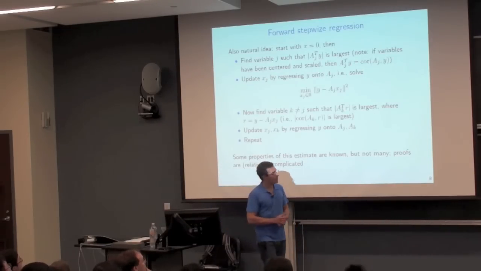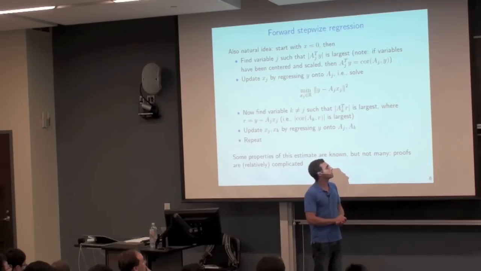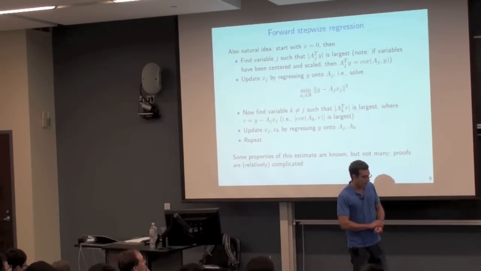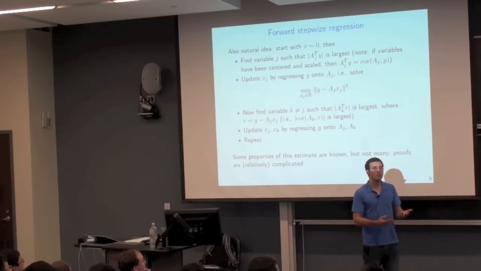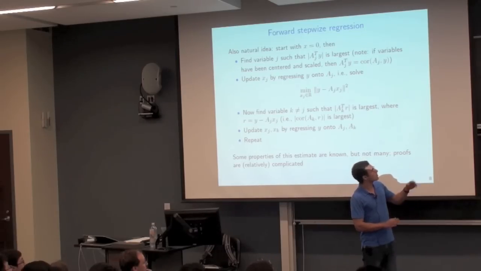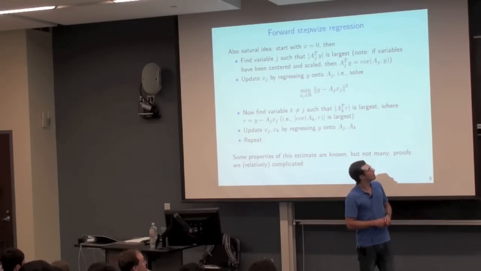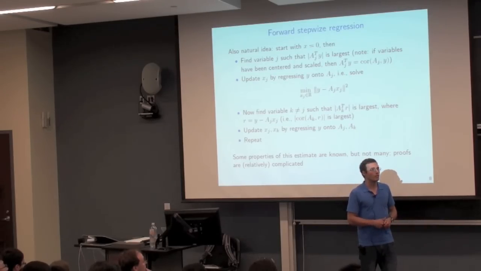So here's another natural idea called forward stepwise regression. We basically start with a guess of our solution to be 0, so all zeros, and then we're going to repeat these steps. We're just going to follow this recipe. We're going to find the variable j such that the inner product of the jth variable with y is largest in absolute value.